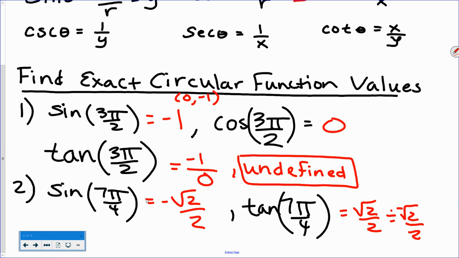You're dividing it by itself. Right, so I will get -1. But that should look familiar. All of our answers are still coming from when we created those tables. All right, but it's helping you remember what sign to use, because some of you have been forgetting that. It's helping you to picture that location, all right, and come up with that reference angle without having to calculate all those things.